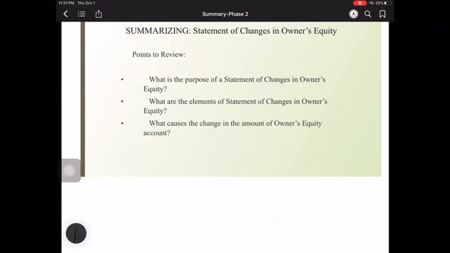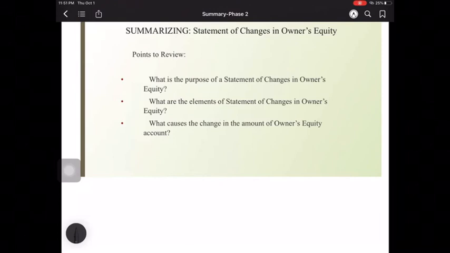What are the effects? We said if the effect is an increase to the owner's equity account, then there are only 2 elements that need to be considered. And what are those? We have your net income or your investments. On the other hand, if the effect that we are looking for is the decrease to our owner's equity account, then we just have to look for the values of our withdrawals or the net loss.